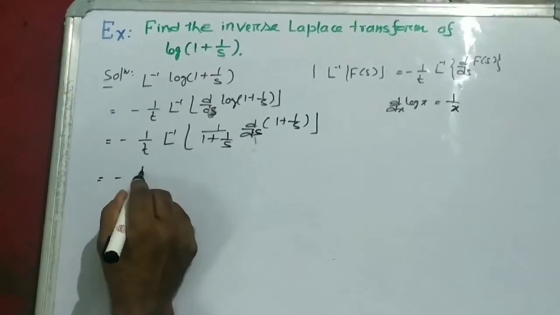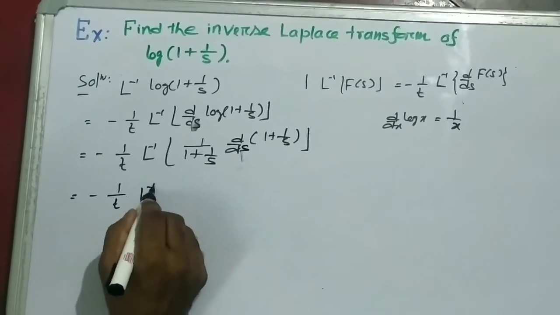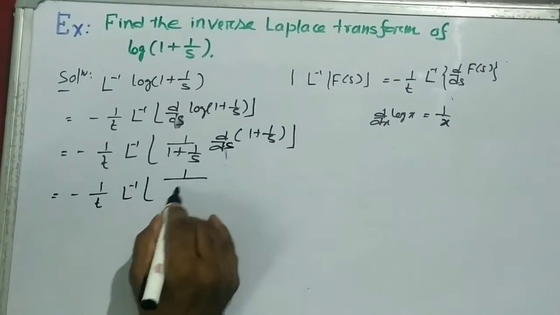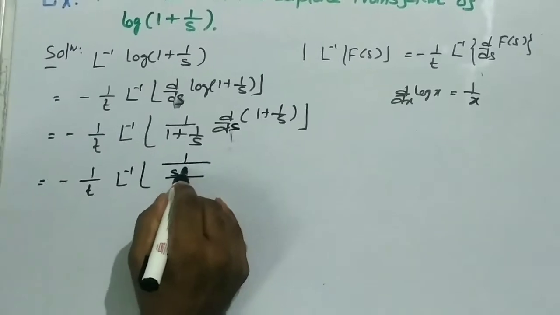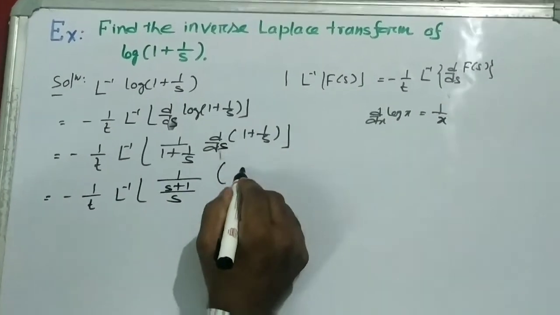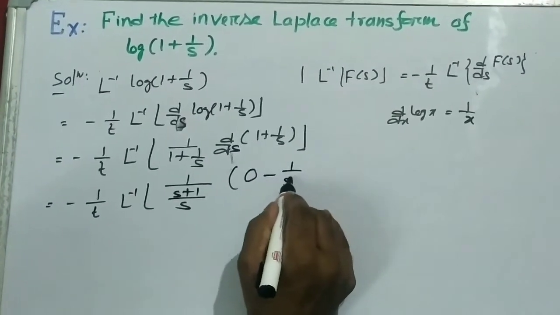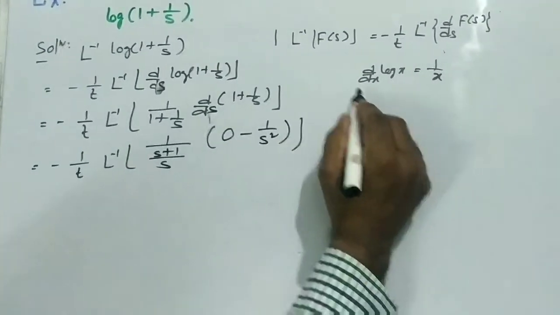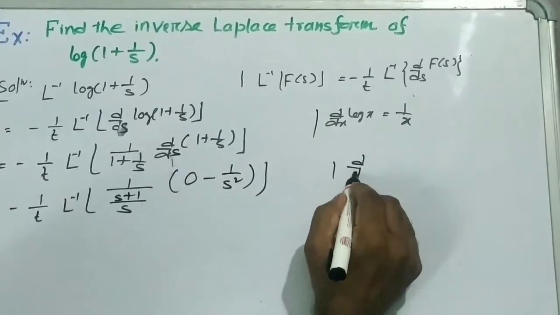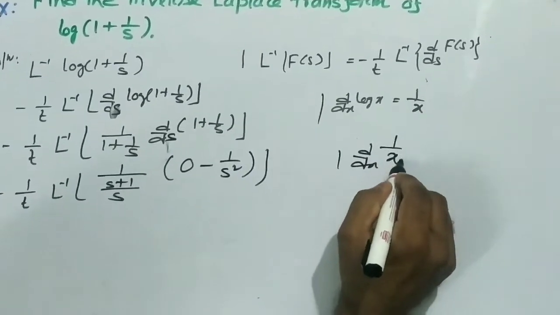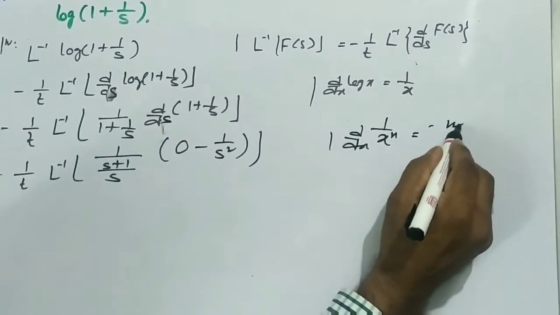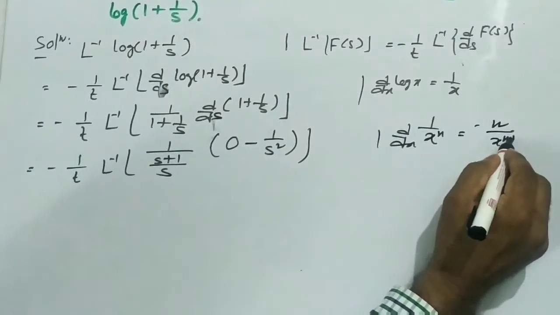Now minus 1 by t L inverse, taking the LCM, s plus 1. If we differentiate, 1 is constant so 0, and 1 by s gives minus 1 by s square, because we know this formula: d/dx of 1 by x to the power n is minus n by x to the power n plus 1.